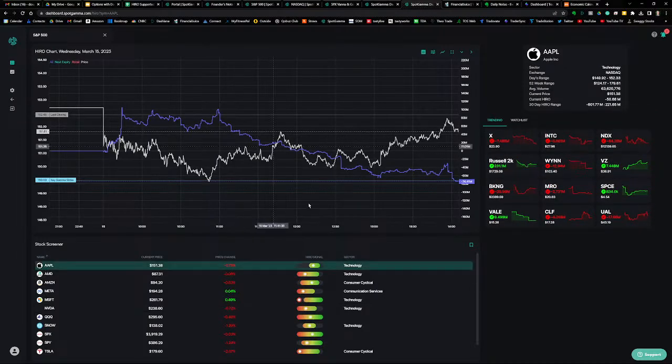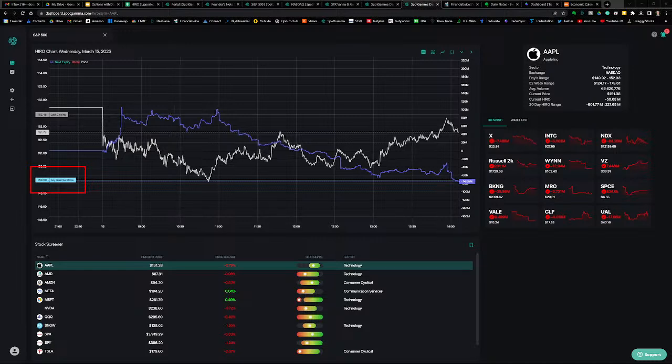So here, for example, in Microsoft, this 150 key gamma strike is in range. The key gamma levels, whatever they are, key gamma strike, put wall, call wall, hedge wall, volatility trigger, are shown on the Hero charts if they're in range.